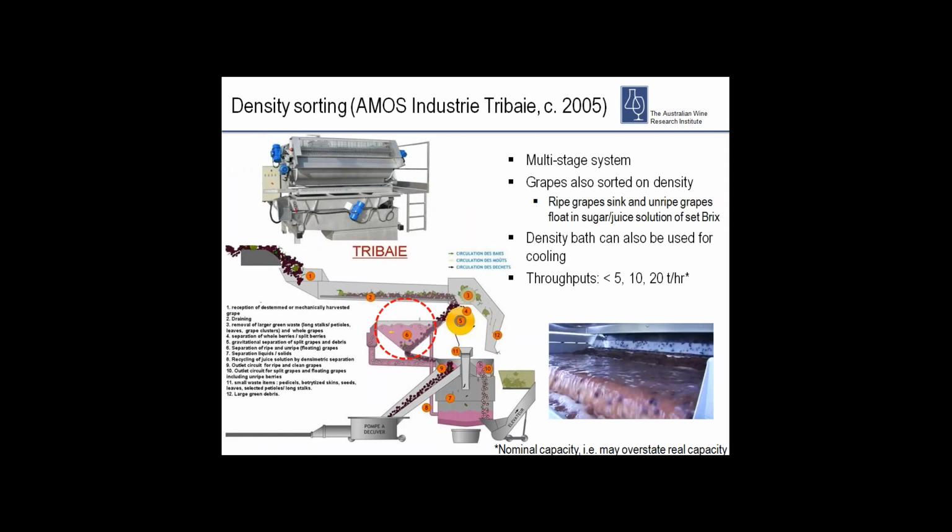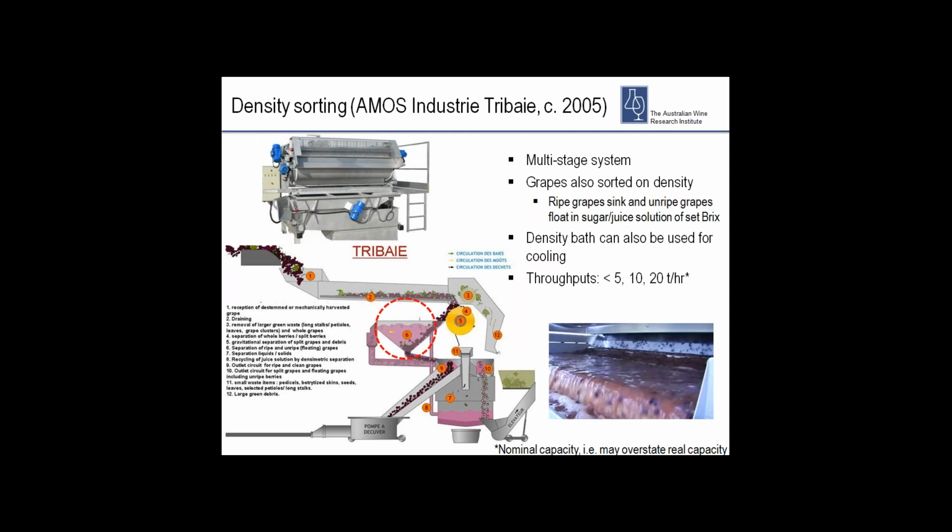So I guess in the sorting systems I've discussed so far, sorting has really been related to size, shape and mass of the components, and while some of these systems had a limited ability to remove some undesirable grapes like shot berries and raisins, their focus is probably more about removing vegetal matter.